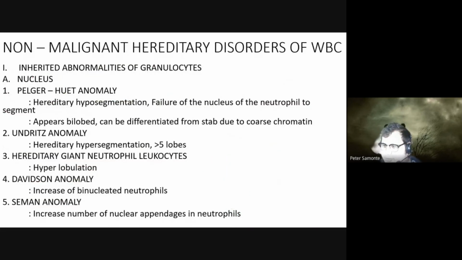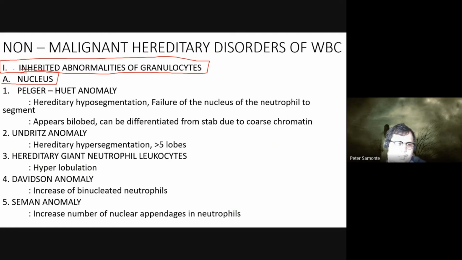Now, let's go now to your non-malignant hereditary disorders of WBC. Now, maraming categories to class. These are too many. I tried to simplify them, but now the first one would be the inherited abnormalities of your granulocytes. The first one would be those involving the nucleus.